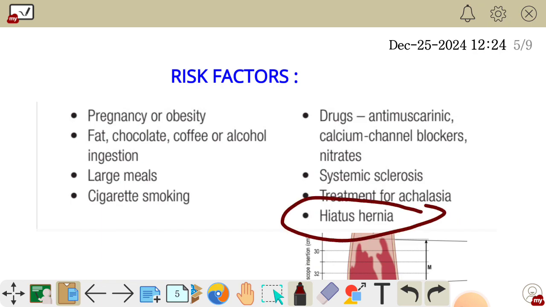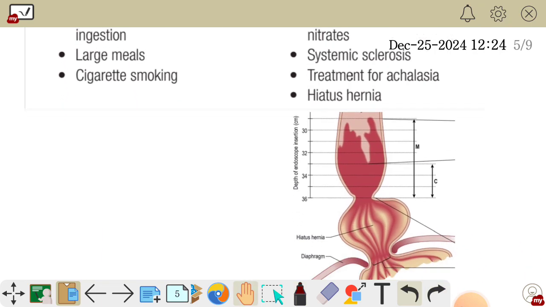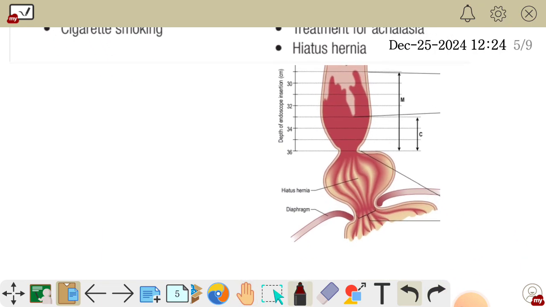And hiatus hernia is also one of the risk factors. Why? Because in hiatus hernia, we have the herniation of the stomach into the chest.